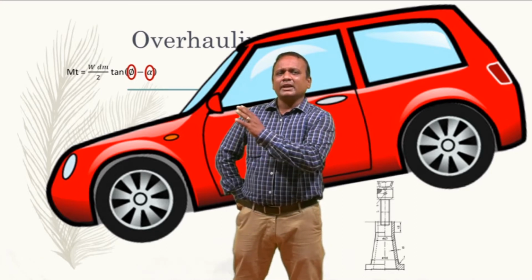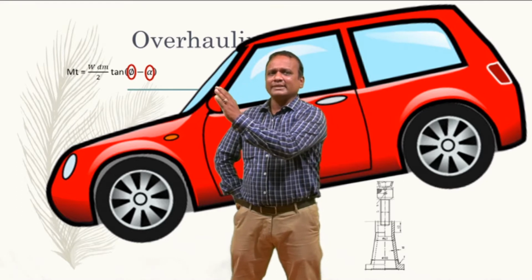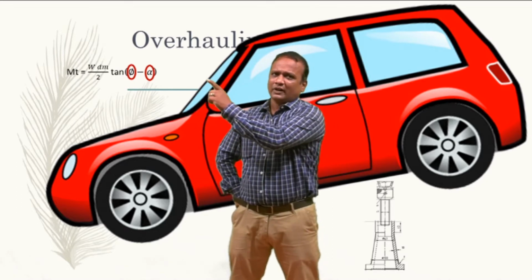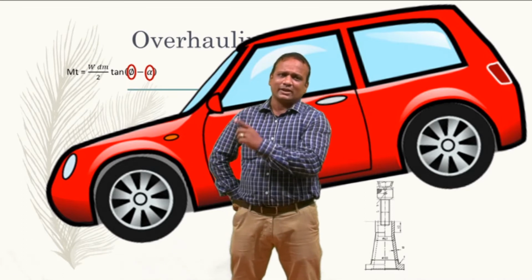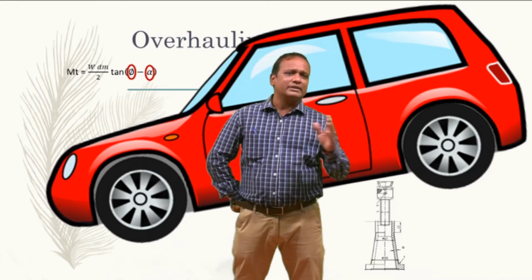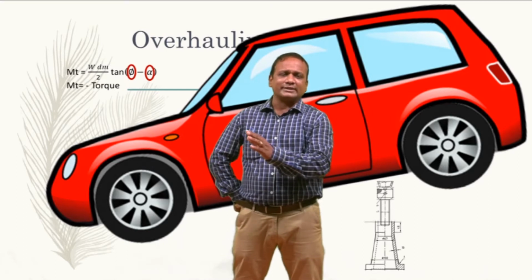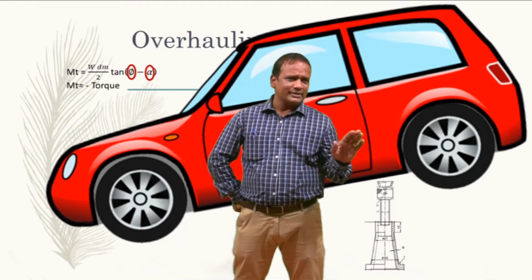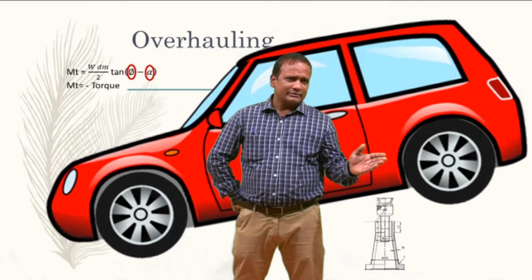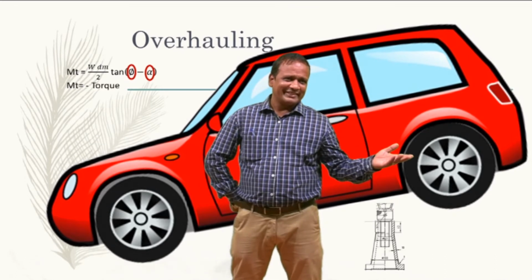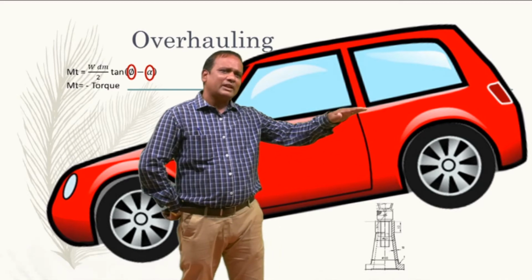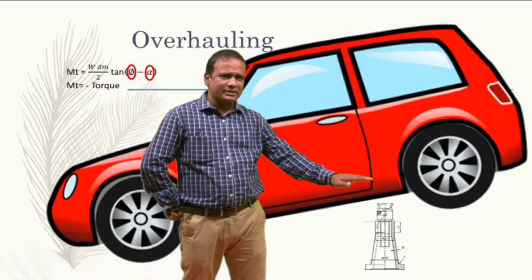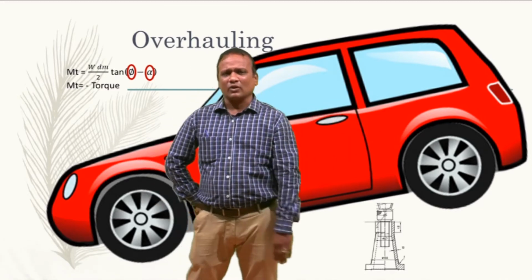If alpha is more and phi is less, I repeat, the value of alpha is more and the value of phi is less, that means the helix angle is more than the coefficient of friction, then we get a negative torque. Negative torque means the whole screw comes down by itself.